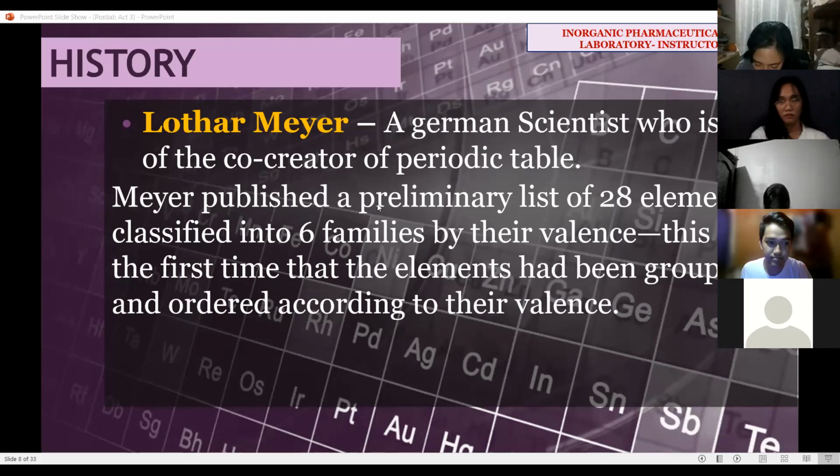Dmitry Mendeleev and Lothar Meyer, they both arranged the elements in the periodic table according to increasing atomic mass. Though sa kay Lothar Meyer, he only had 28 elements. Preliminary niya nga list, 28 elements, and then he arranged it into 6 families by their valence, meaning according to the electrons they have in their outermost shell. That's the only difference.